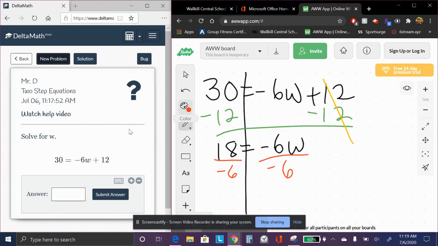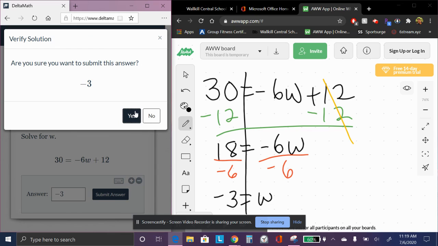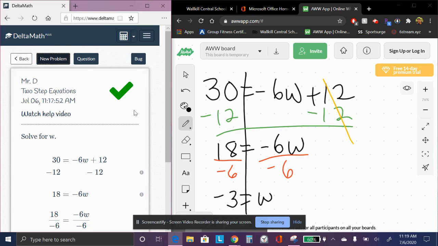And 18 divided by negative 6 is negative 3. Type that in. And yes, and there's our answer.